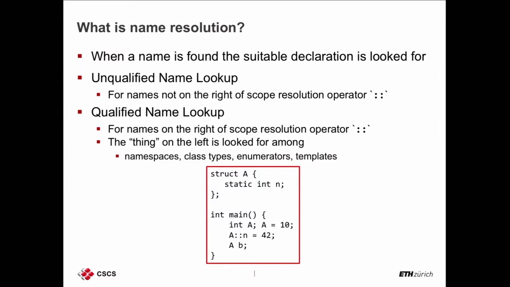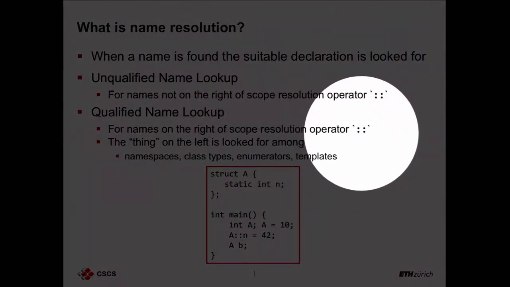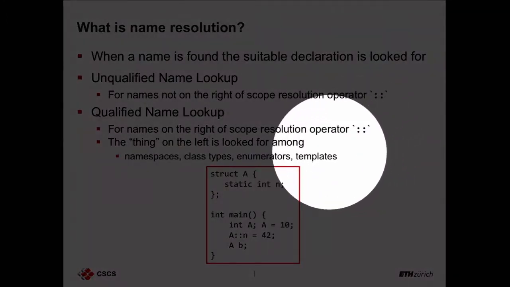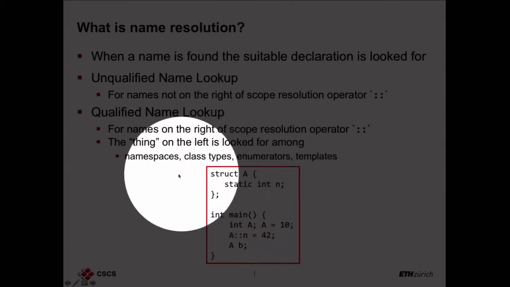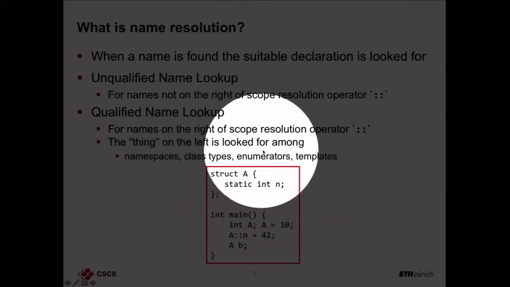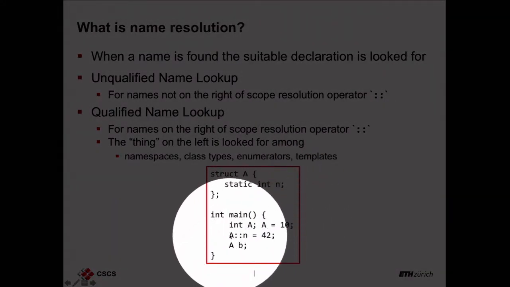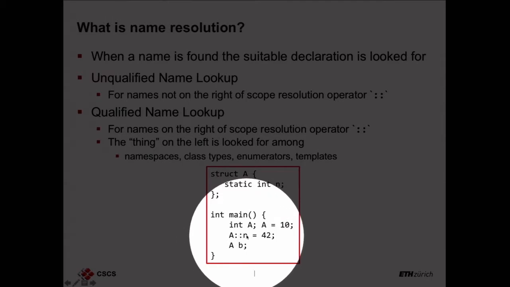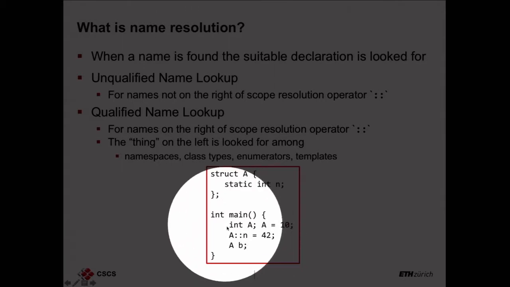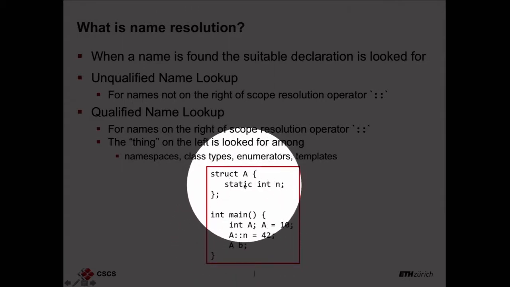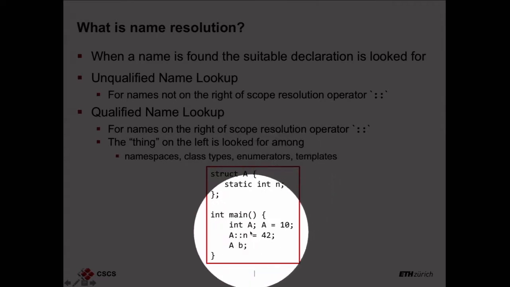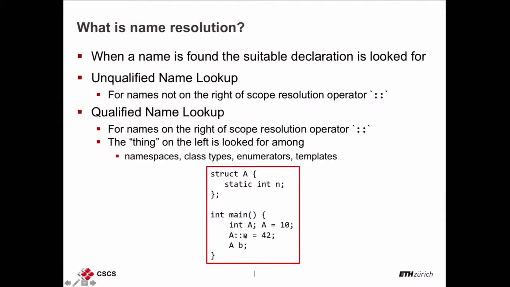And the thing on the left of this operator is looked up over certain classes of types. It will go through namespaces, class types, enumerators, and class templates. So if I have A colon colon n, I know that n is something inside A. A is a class, and there's a static member n, so I can access it and assign n to 42. This is qualified.